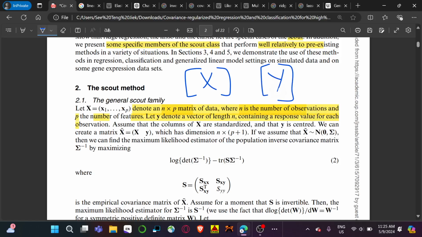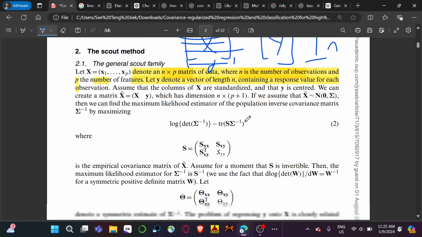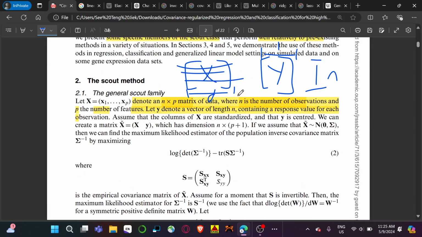You've got some entries, and this is n, this is p, and this is 1. Assume the columns are standardized and y is centered. We can create a matrix X tilde equal to this, where you basically concatenate them together.